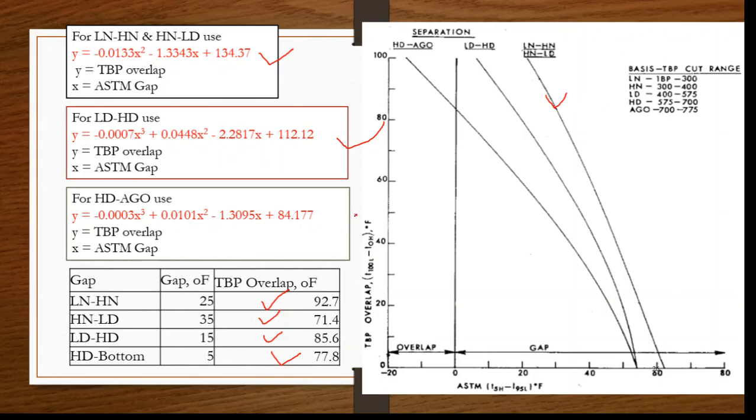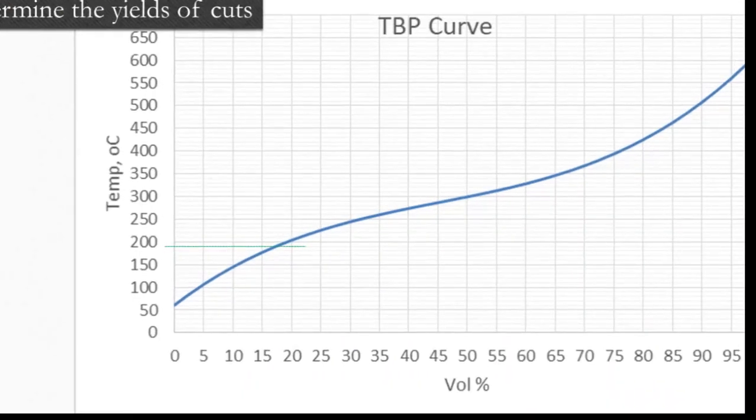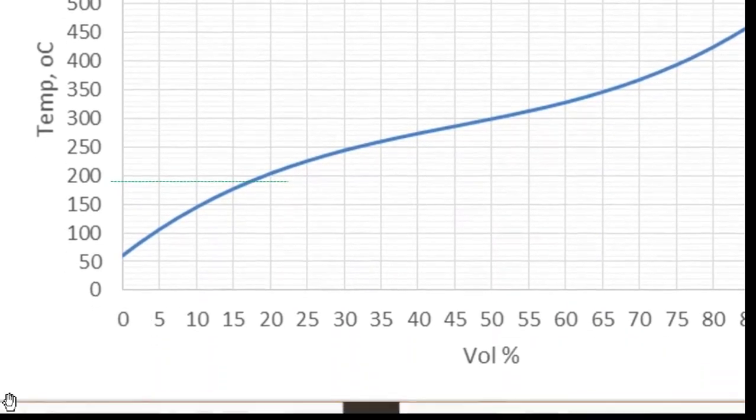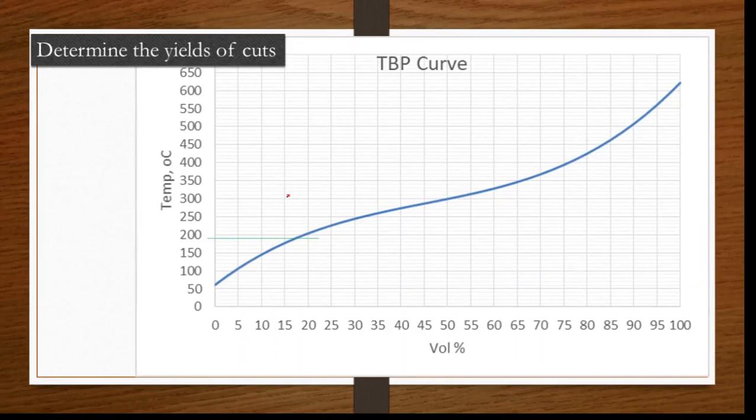Now after going through these two equations we have almost completed the steps. Now look very carefully at the TBP curve. The third step is to take the TBP curve and put all these known values. For example, we have gone through the first value, that is the endpoint.